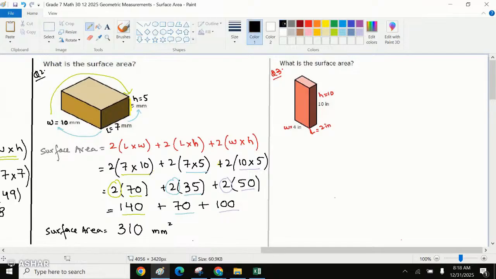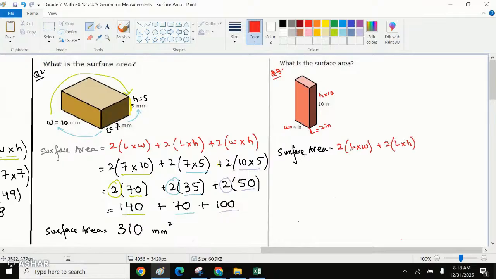Okay, we know the formula for the surface area: we multiply all sides with each other, right? So we say 2 length multiplied by width plus 2 into length multiplied by the height, right?